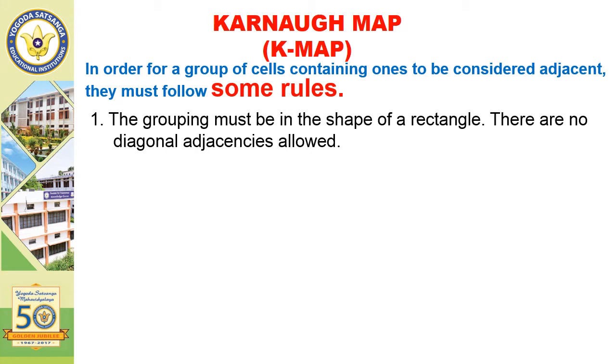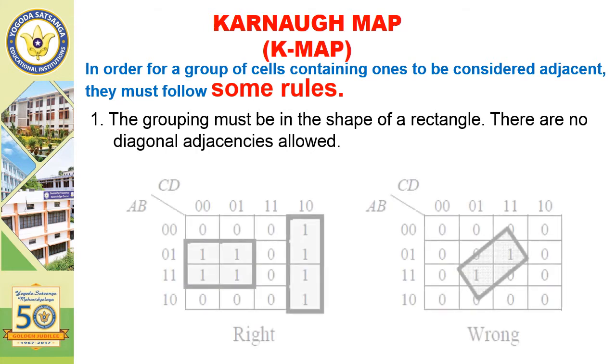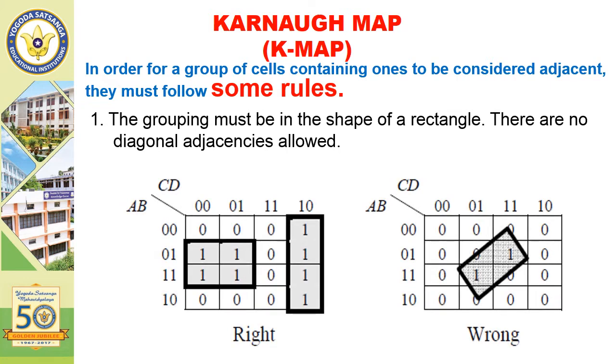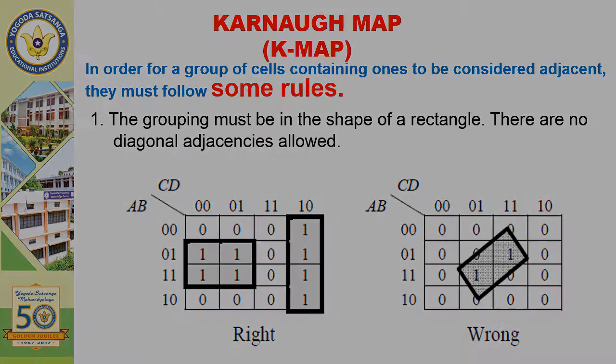It means we group cells with a rectangle, and we do not follow any diagonal rectangle. Here we put 2 figures. The left one is the right K-map figure, and the right one is the wrong K-map figure, because by the rule a rectangle is always in a vertical or horizontal direction, not in a diagonal direction.